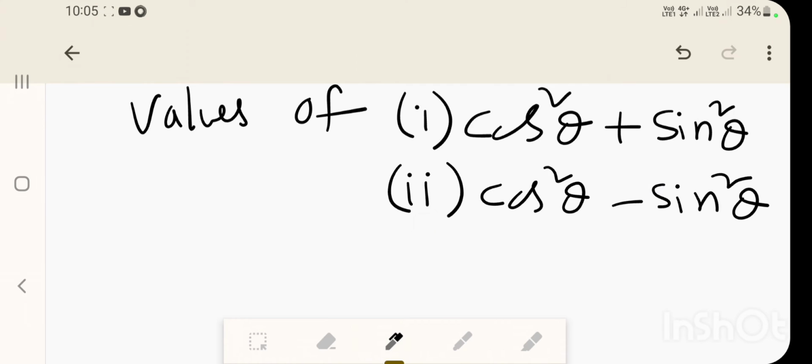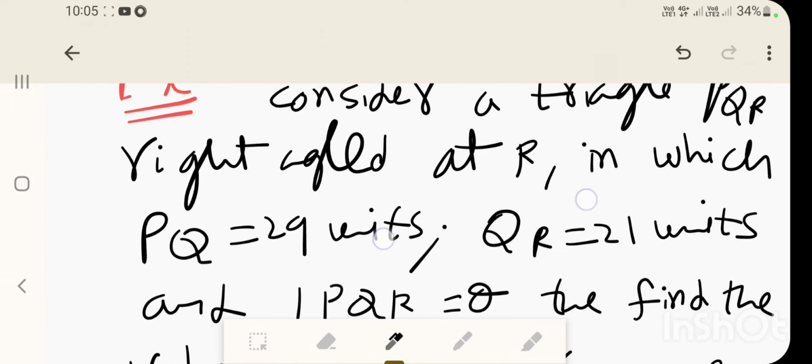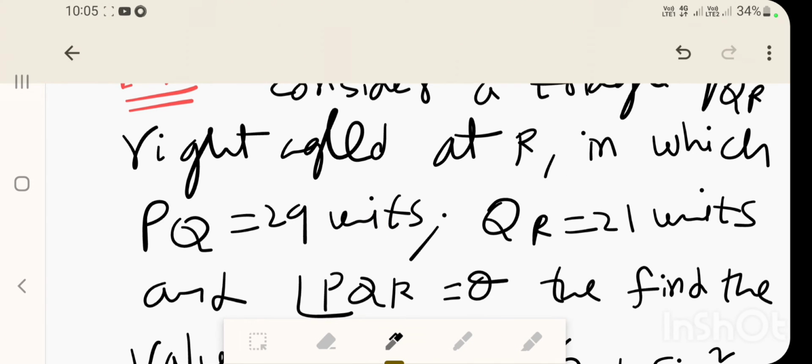We get a special case in this when we solve it, then you can understand. So we have to find cos theta and sin theta. The right angle is at R, that is 90 degrees, and they have given the PQ and QR lengths.